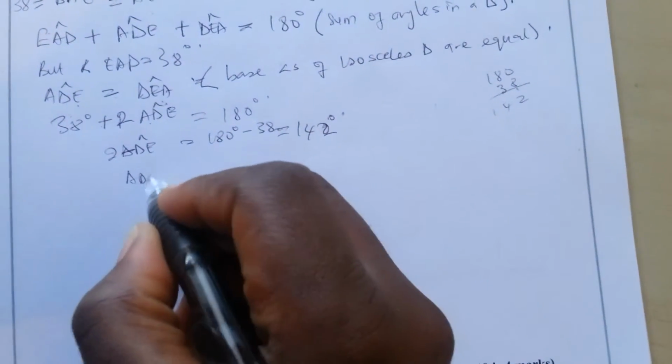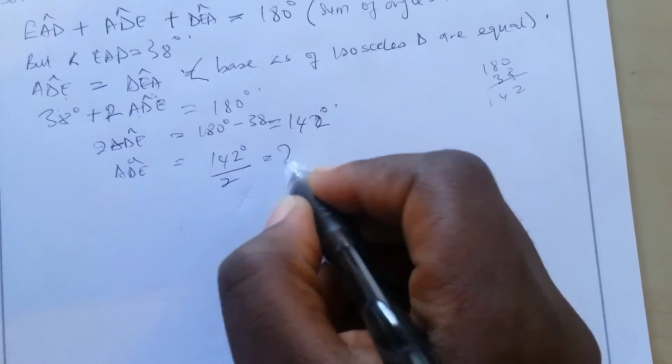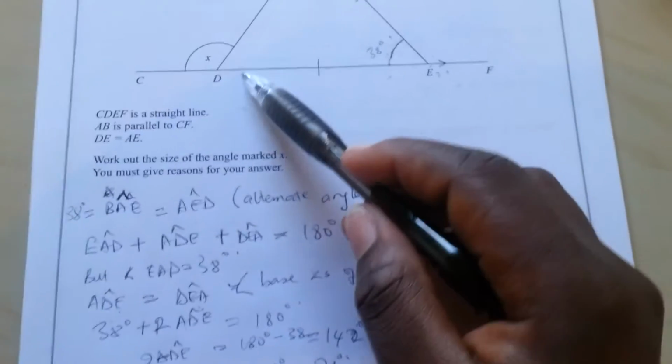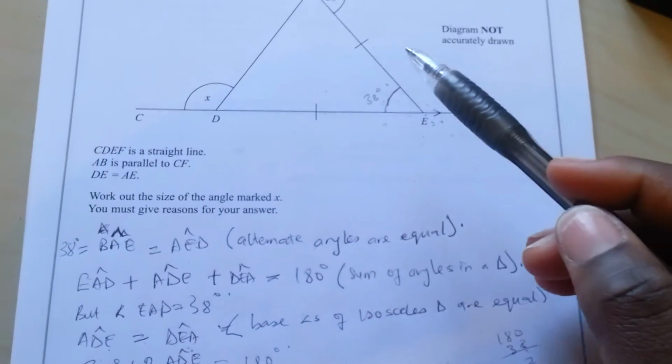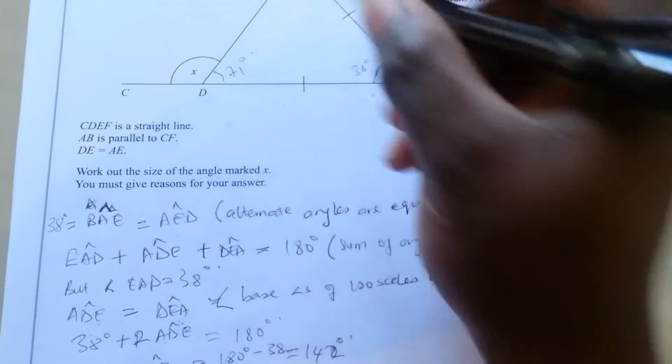So ADE will be 142 degrees over 2, and that will be 71 degrees. That's ADE. So we have this now at 71 degrees.